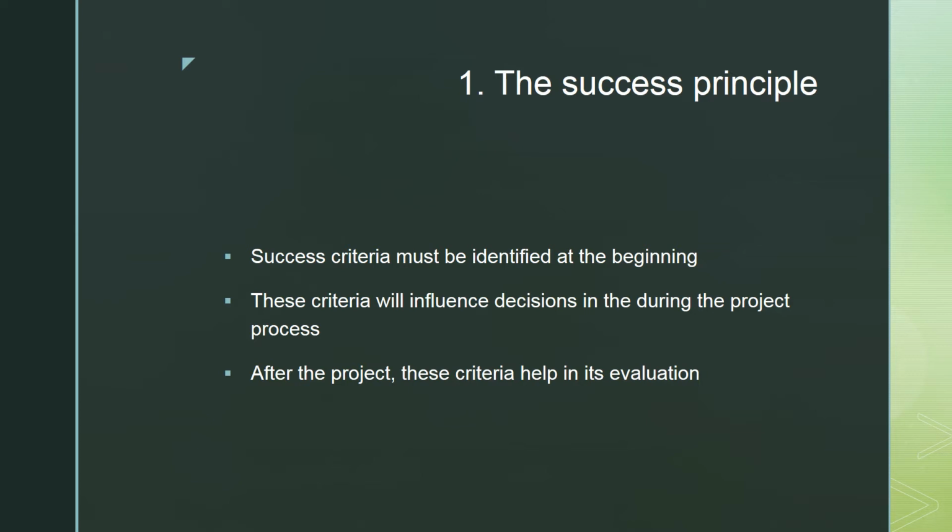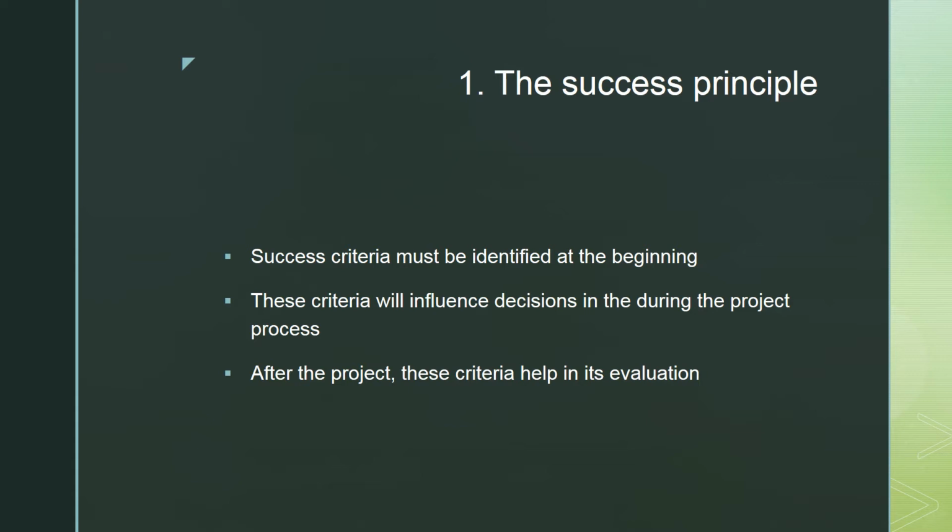At the onset, you must be clear what are going to be our indicators of success. We will have succeeded if we have done A. We will have succeeded if we have done B. We will have succeeded if we've done X. What are your success criteria? This must be done at the beginning.